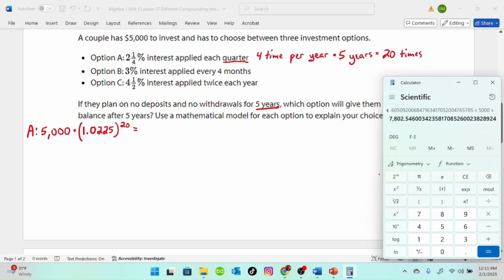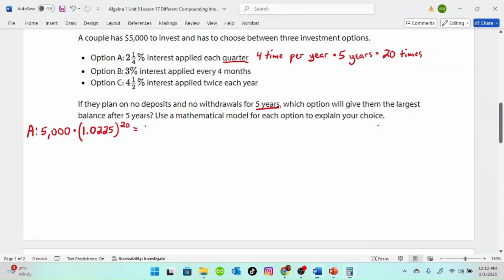And this says that after 5 years, they would have $7,802. Because we're talking about money, we need to stop at 2 decimal places. So this 6 tells us to round the 4 up to a 5. So $7,802.55.